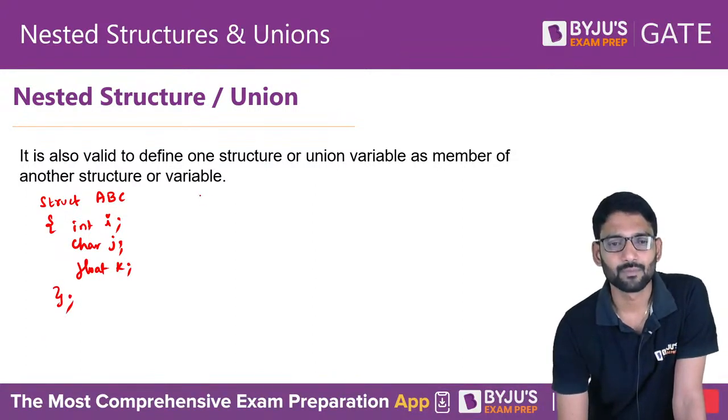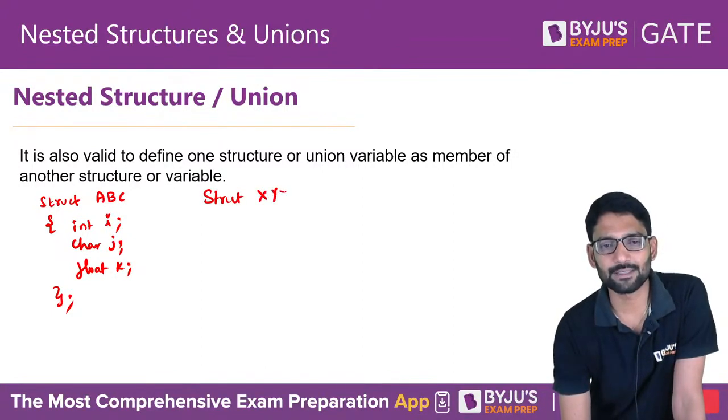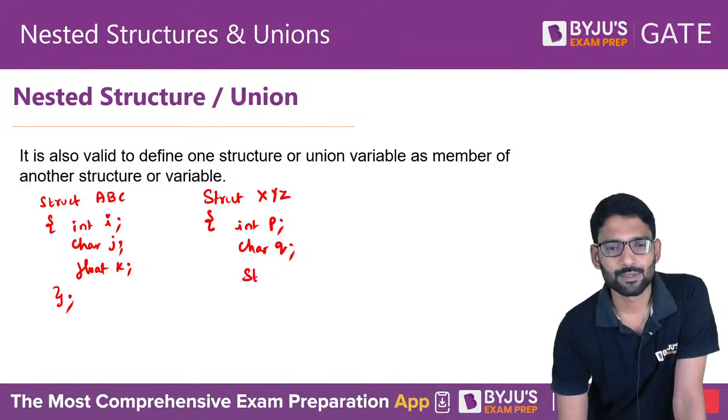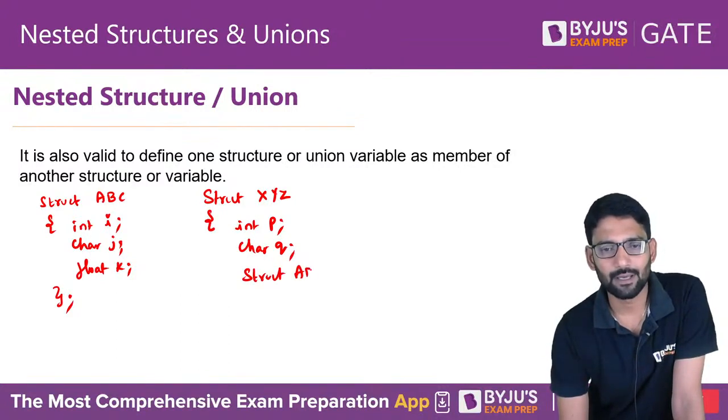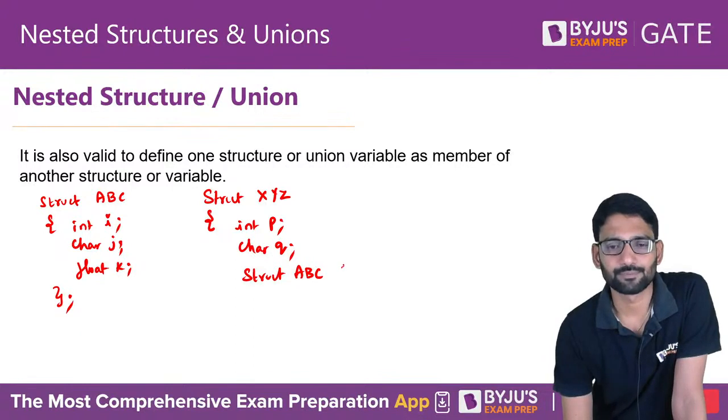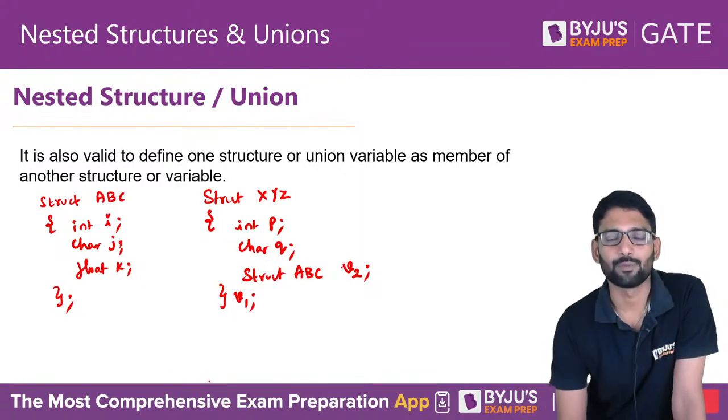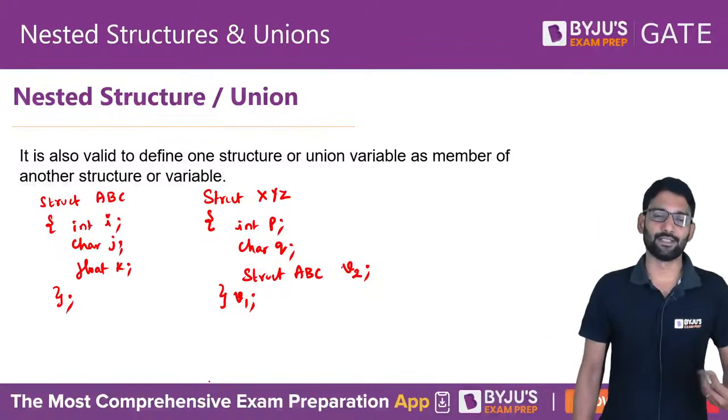Now struct xyz with int p, char q, and struct abc v2, and the variable v1.